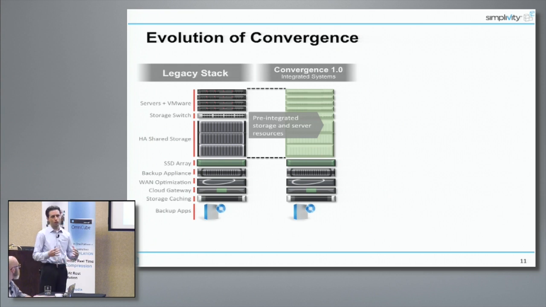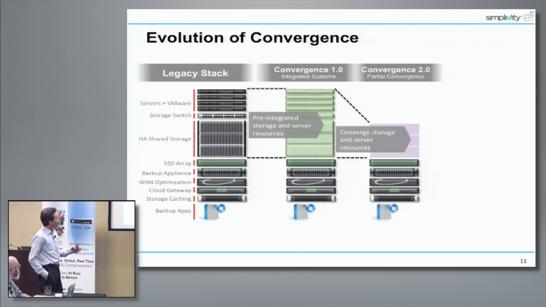It didn't fundamentally change the way the data is managed. It did change the time to deployment, time to first application up and running, things like that. So there's certainly value from a customer perspective, and there's certainly companies doing a tremendous amount of business in this space. There's a second wave of convergence, which is really taking the storage aspect of infrastructure and virtualizing it.